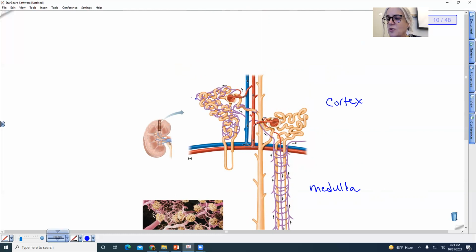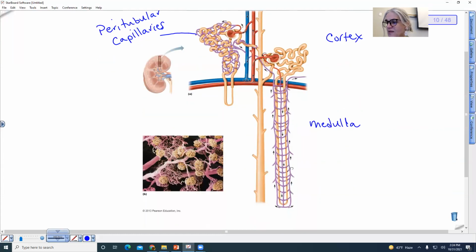We can also see on this diagram the peritubular capillaries. Peri means around the tubule, and those are going to reabsorb some of the good stuff from the filtrate. Then look at this, on the juxtamedullary nephrons, we have these really weird capillaries. This is what is referred to as the vasa recta.